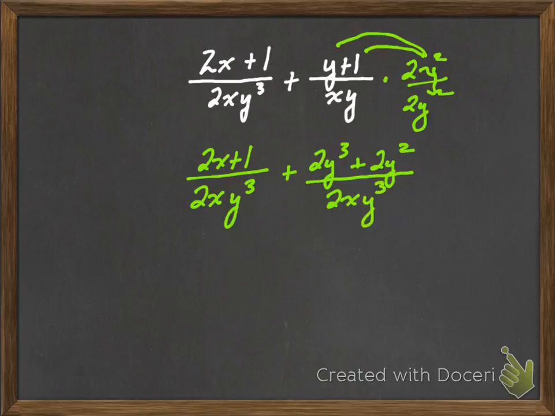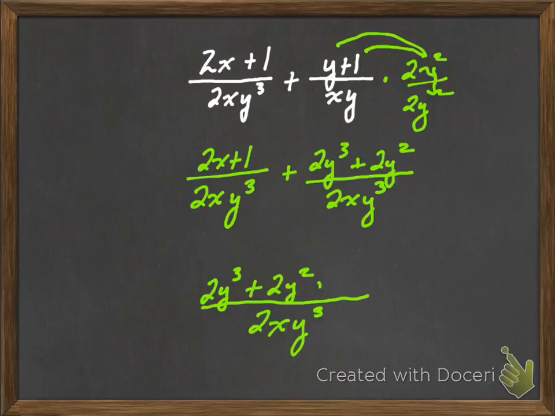And we can now put this together in one fraction over 2xy cubed. And in the numerator, nothing can be combined. They're all different terms. So we're going to have 2y cubed plus 2y squared plus 2x plus 1.